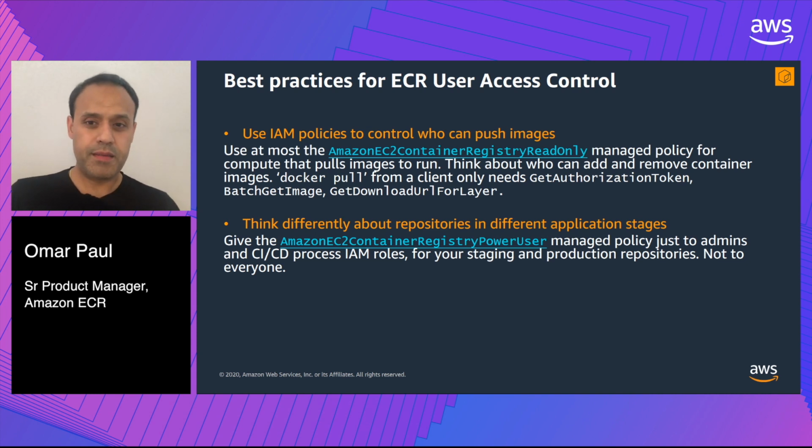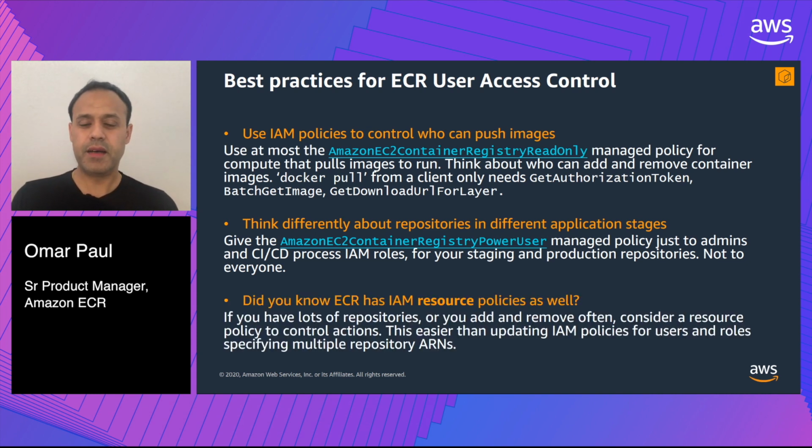The third best practice I want to call out is resource policies. Did you know that ECR has resource policies as well as policies on IAM principals? This is very useful as a rate of change concept.